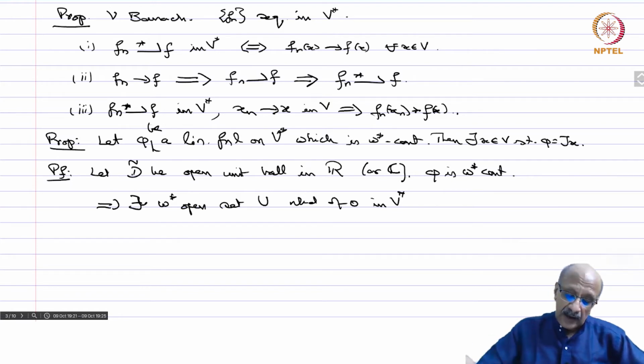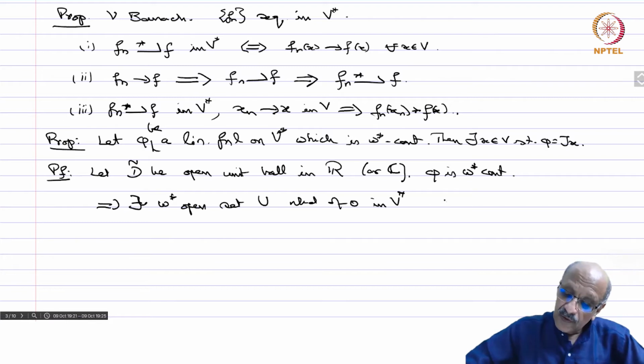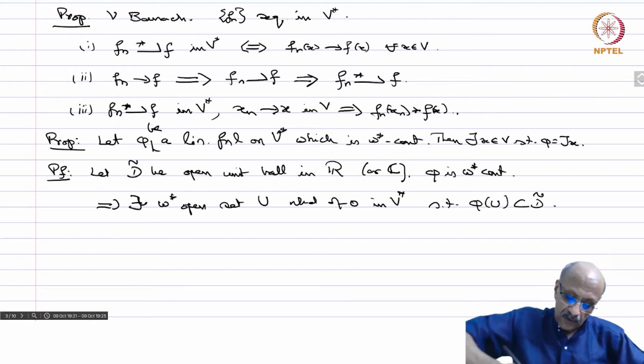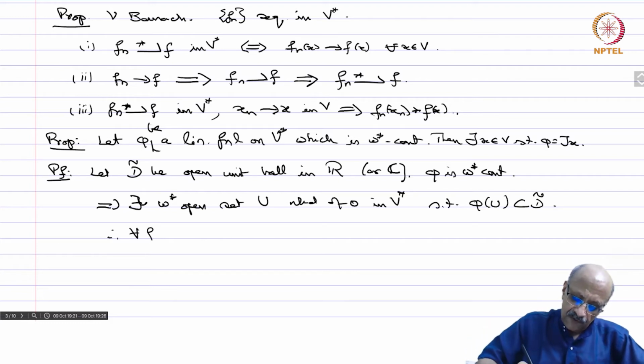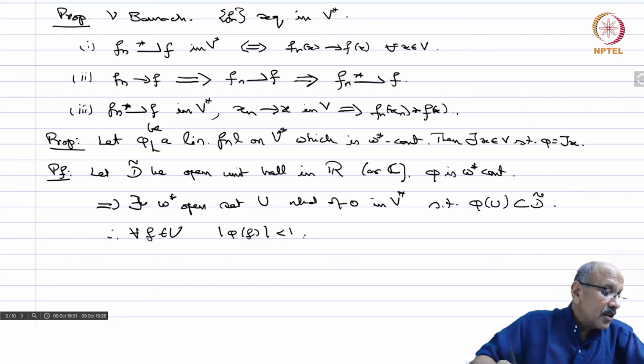So if you take phi inverse of d tilde, it should be an open set containing a neighborhood of 0 such that phi of U is contained in d tilde. Therefore, for every f in U, we have mod phi of f strictly less than 1.